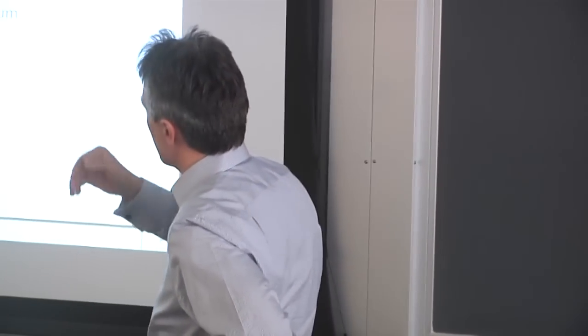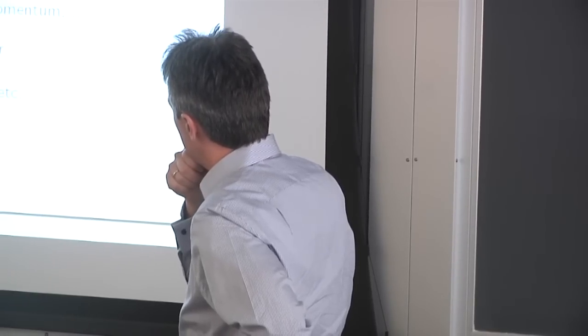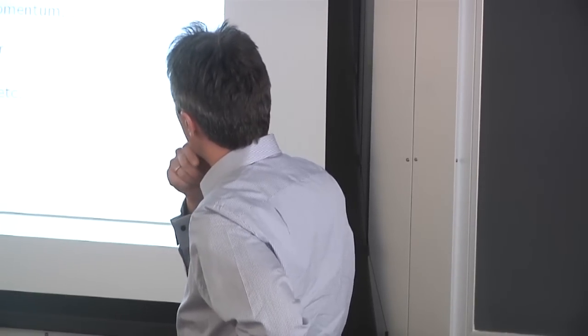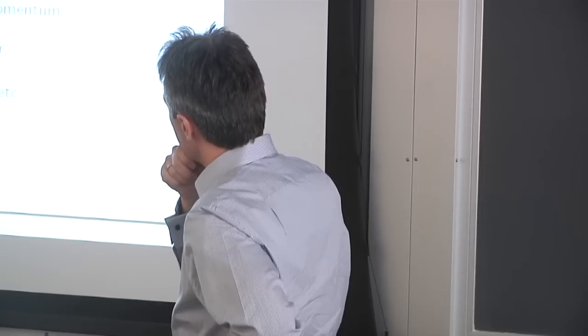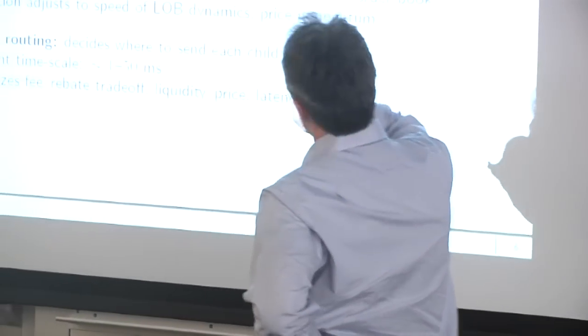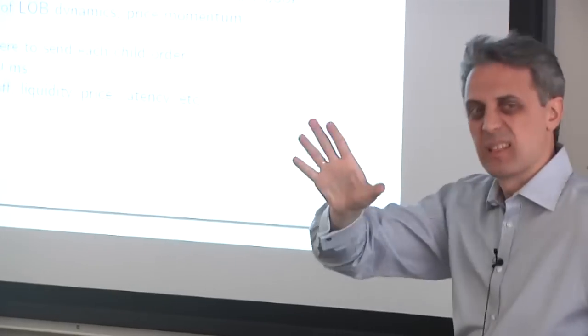An algorithmic trading system follows these steps, and I'll show you some pictures in a bit, without showing you too many equations. You can look at the paper for that. There are roughly 3 steps in executing this order. One is called trade scheduling.